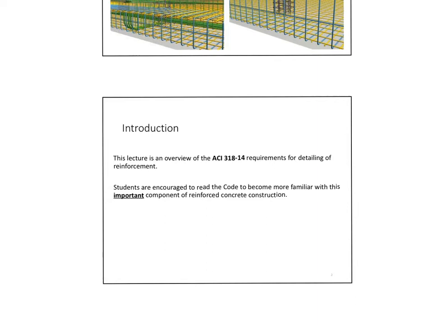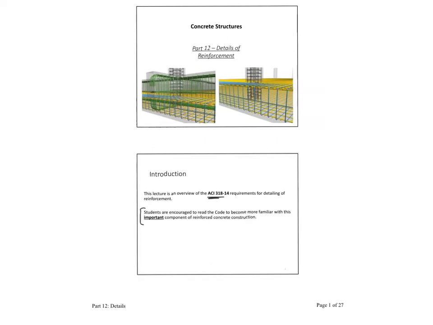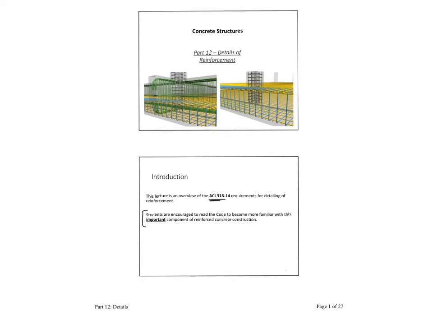So this chapter is an overview of the ACI 318 requirements and the detailings of reinforcement. Some of the clauses we also have from the 2011 version, and you are encouraged to read more in the code because we will not be able to encompass everything in one chapter or in a couple of classes.